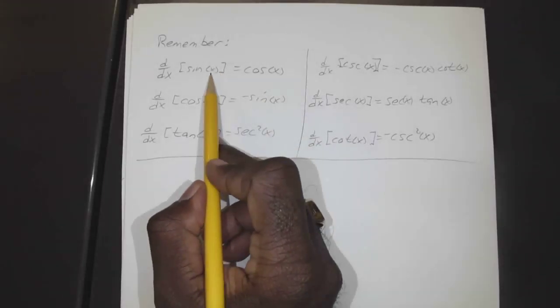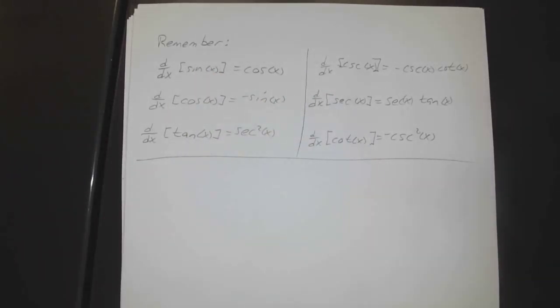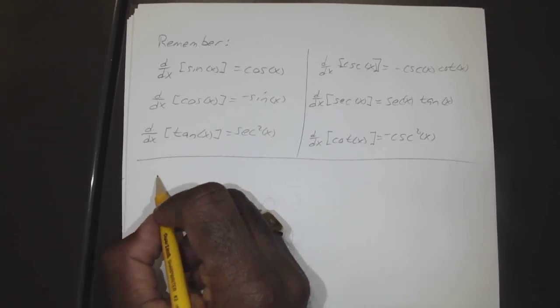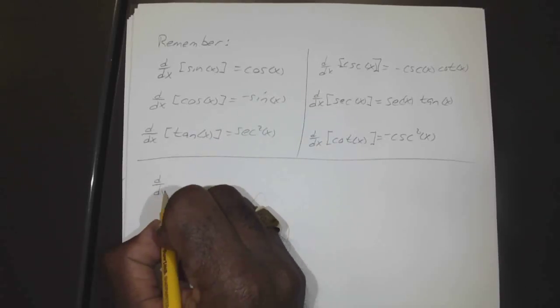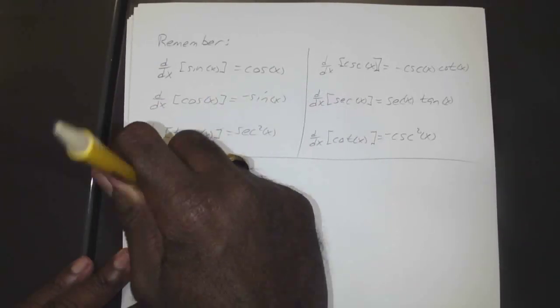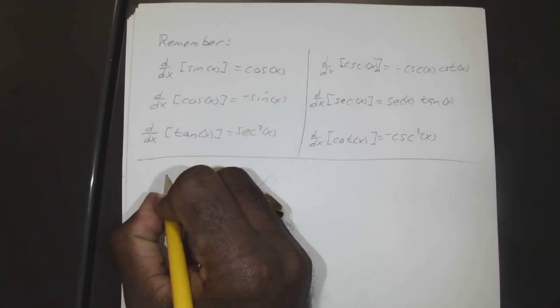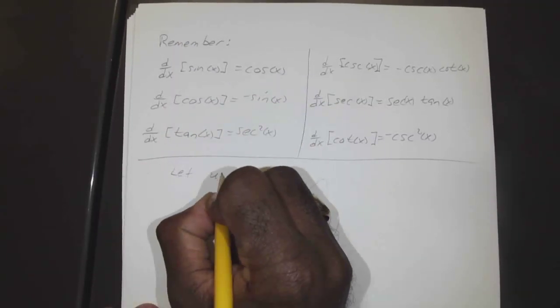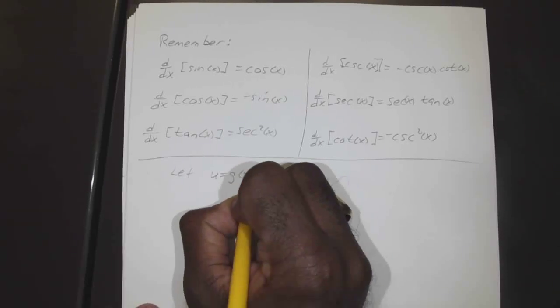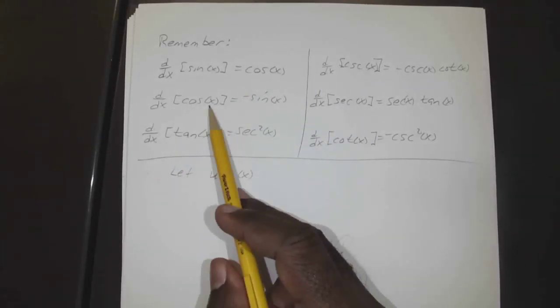Now let's say that's something other than x. Let's say it's 3x squared plus 5 or any function of x at all. Let u equal g of x.